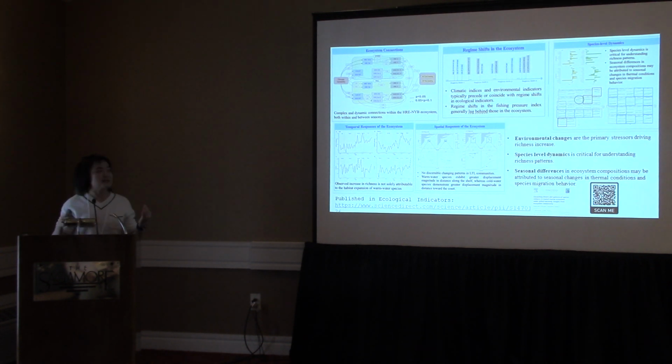And what we found is that both the expansion of warm water species and the seasonal movement of the species migration lead to the seasonal difference of the ecosystem. So it's important to consider species level dynamics when you are evaluating the overall ecosystem dynamics.